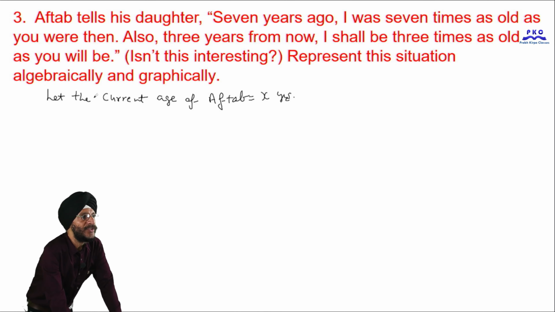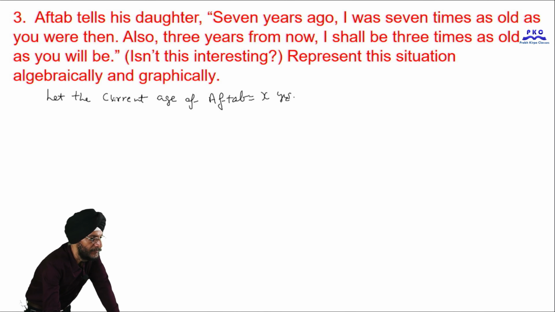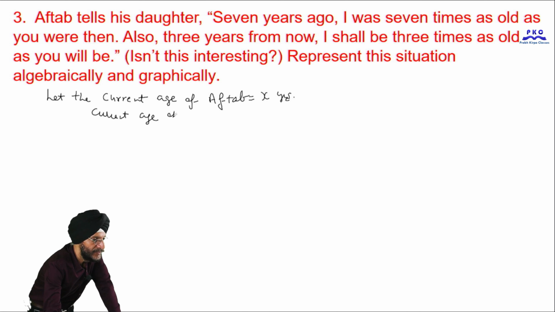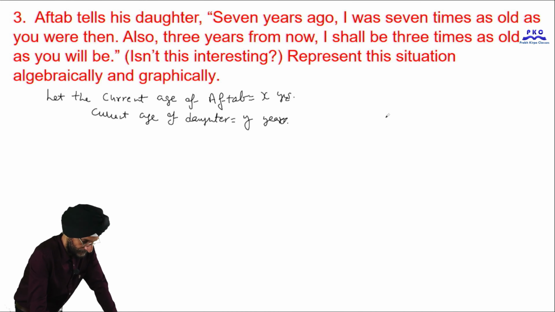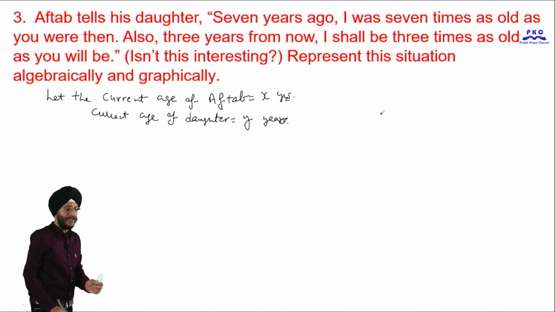We also assume the current age of the daughter as Y years, X and Y. Now what is given in this question?